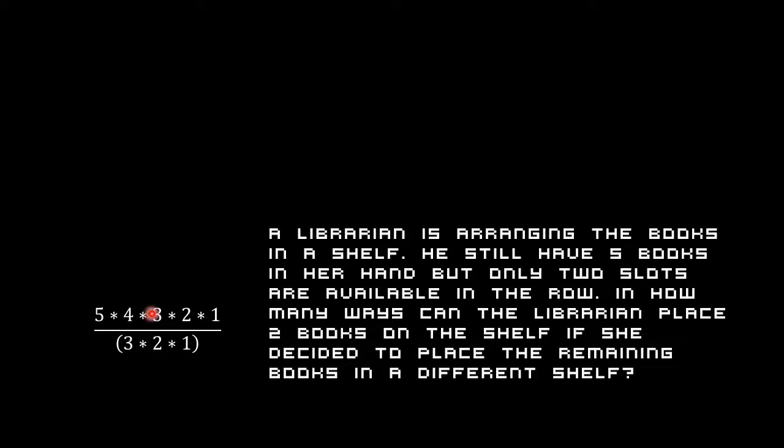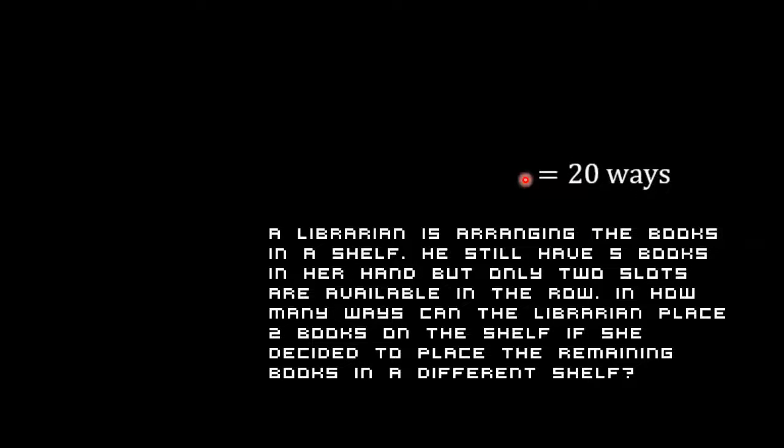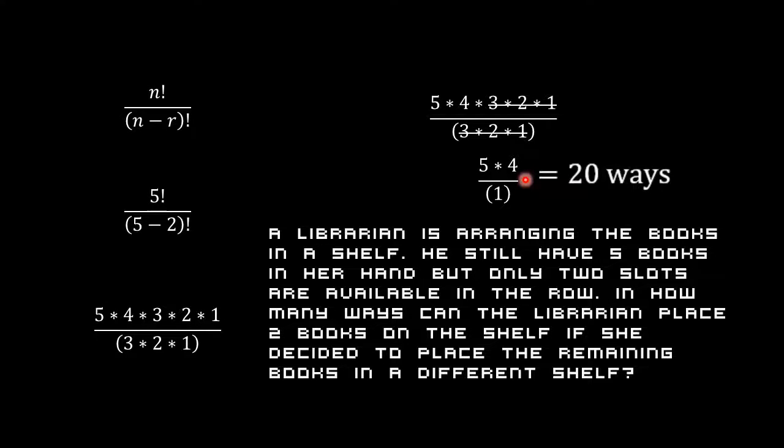We can cancel the 3 factorial embedded in the 5 factorial by the 3 factorial at the denominator. We are left with 5 and 4 at the numerator, and multiplying these values, we get 20 ways. Therefore, the librarian has 20 ways of arranging the books in her hand in the 2 slots left open.